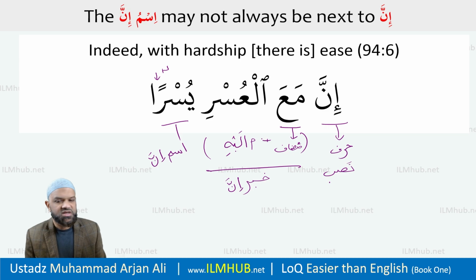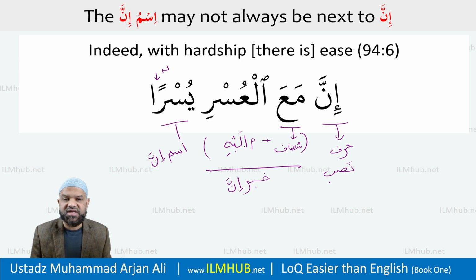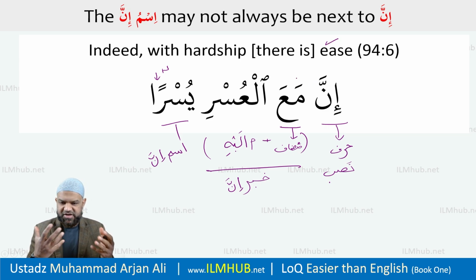So inna Allah al-usri yusran. So what is the beautiful message here? Indeed, with hardship, there is ease. The emphasis is given on the ease here. Inna, upon the ease itself. So whatever hardship we have, difficulty in our lives, ease will follow, inshallah ta'ala. So again, be patient, be sabr, and this is a very beautiful message here.